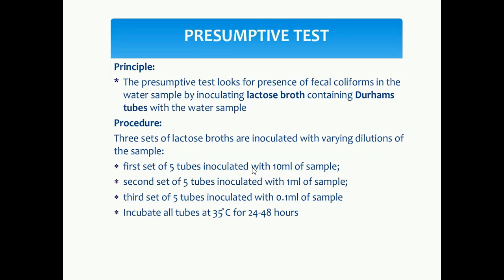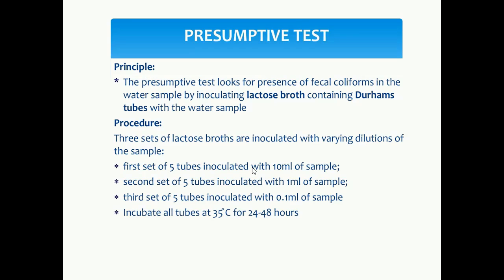First step, we are taking 15 test tubes. All test tubes contain 10 ml lactose broth. Then among these, the first set of 5 test tubes is inoculated with 10 ml of sample, that is the water sample.